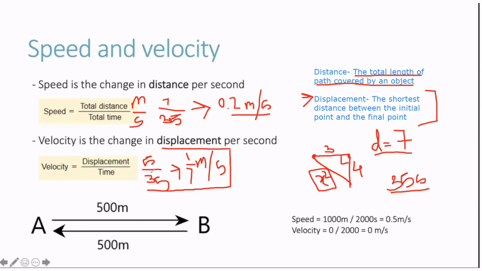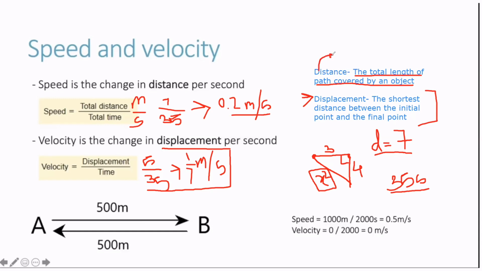So velocity is 1 by 7 meters per second, and the speed is 0.2 meters per second. So friends, do you understand the minor difference between speed and velocity? I guess you do. If you have any doubt, please ask me in the comments. And there's one more thing.